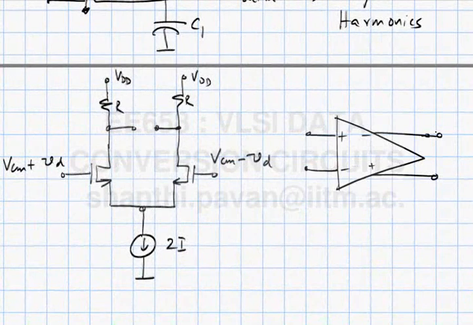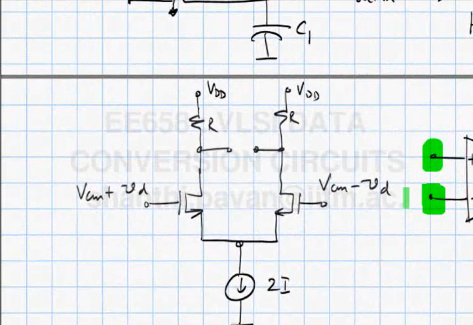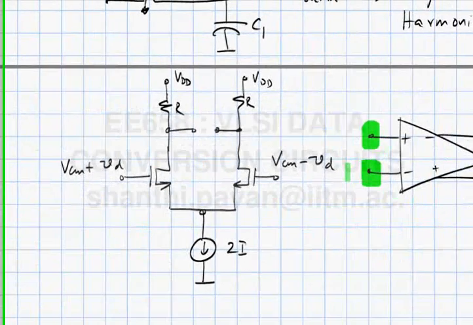In other words, the output voltage is now not any one node, but the difference between these two nodes. This is what my output is. And the input to the op amp is the difference between these two. And as usual, the differential output is some large number times the differential input.